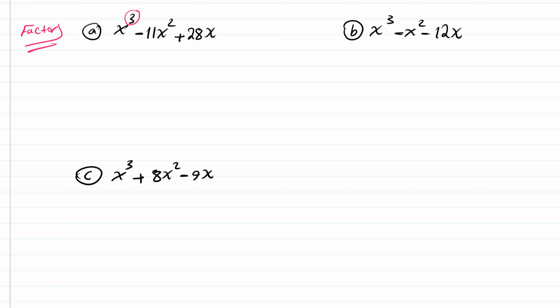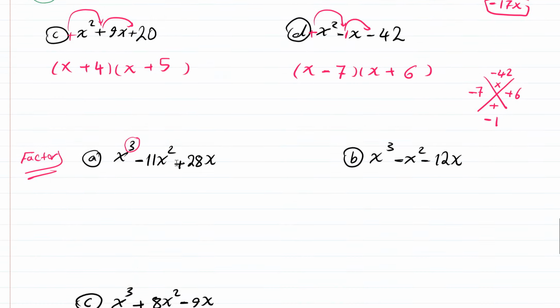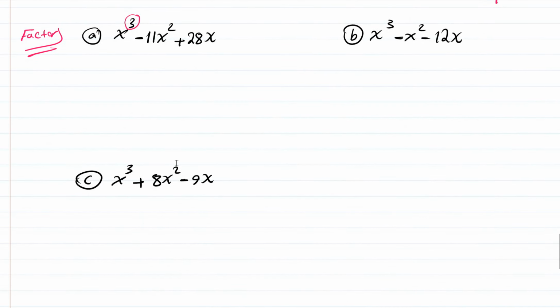Two brackets only work when the biggest power is x power 2, which is quadratic, like this one. How do we solve it? In this case we can use GCF, because all three terms share x. The first is x power 3, then x power 2, and x. All three have x.